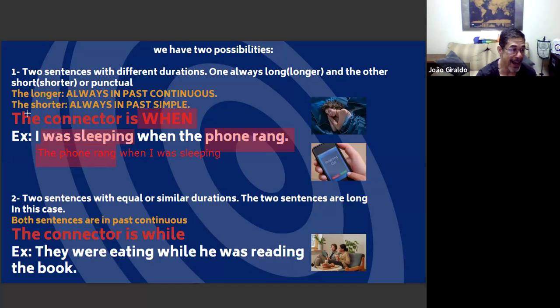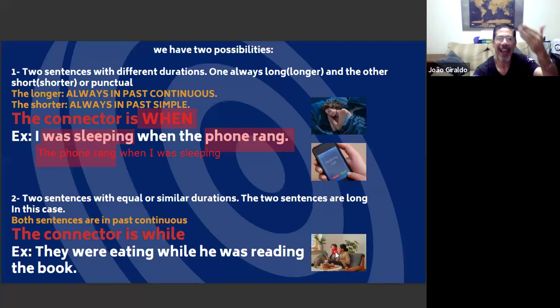Okay? And here, the second possible situation of past continuous is you have two sentences, and these two sentences have equal or similar durations. So, for example, let's imagine this picture I put here. People are eating.